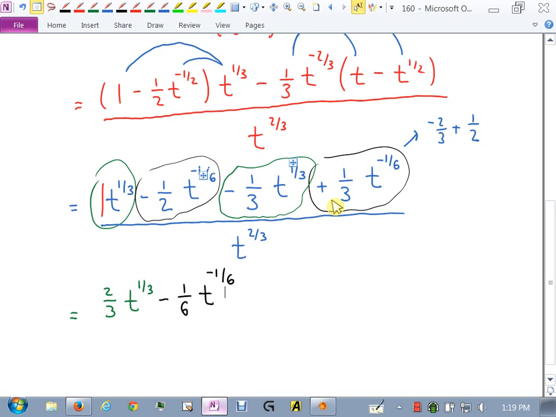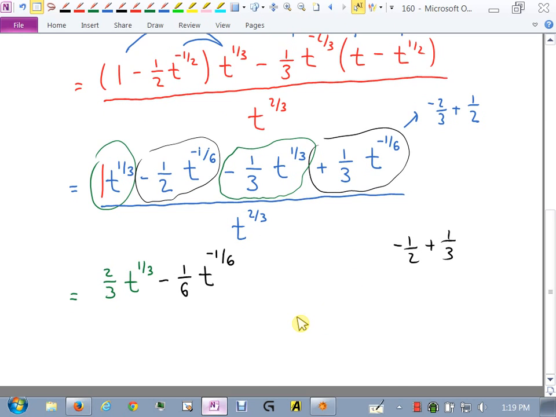That was it right there. I'm doing negative 1/2 plus a 1/3, right? Isn't that what we did right here? Yeah. So negative 1/6. Check it again. Okay.